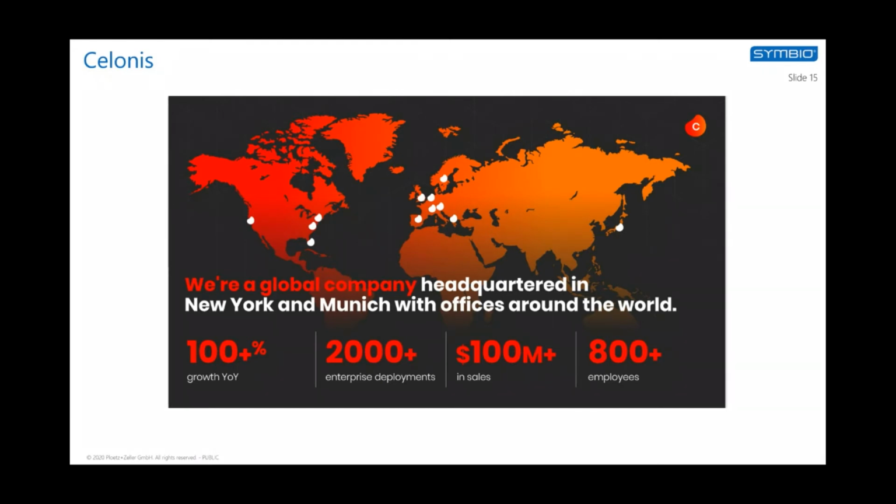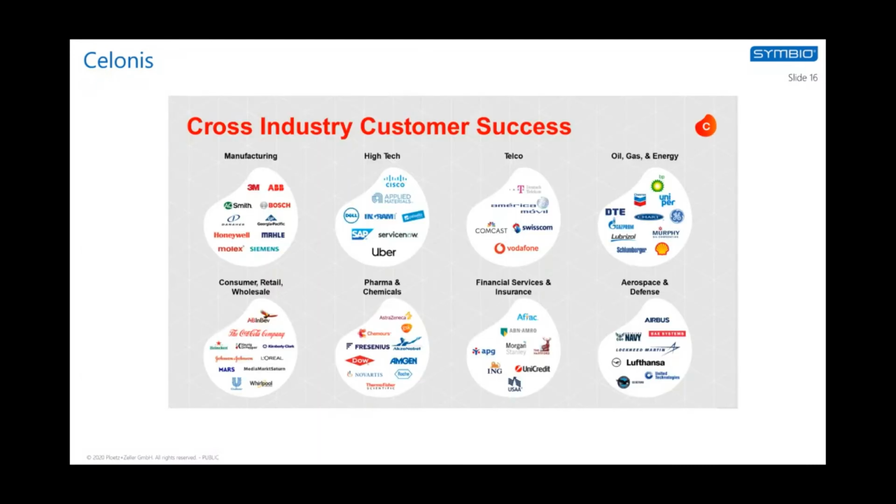Can you change the slide, please? Thanks. Yeah, from different industries, like from manufacturing, telecommunication, and healthcare to financial services, oil and gas and energy. And here in this slide, you can actually see a sample of the logos of the companies that are creating value with Celonis.